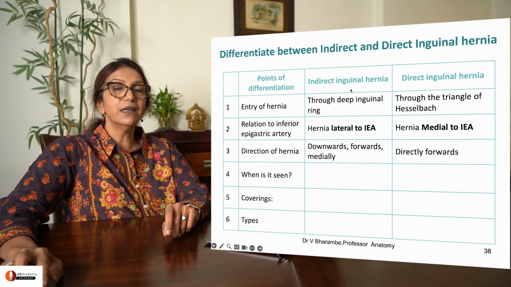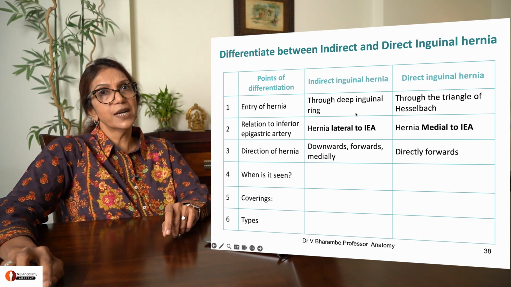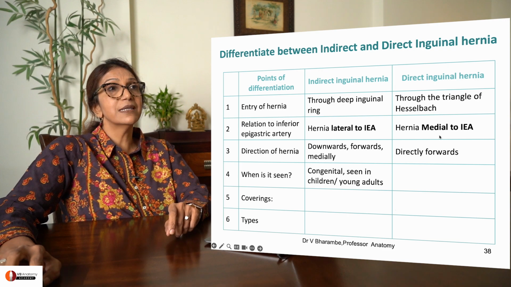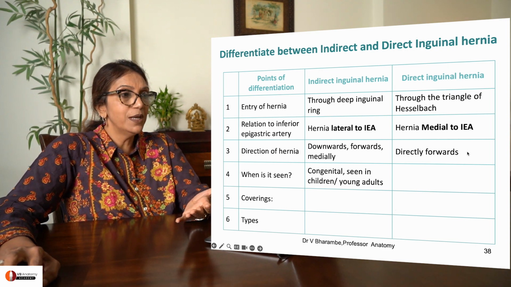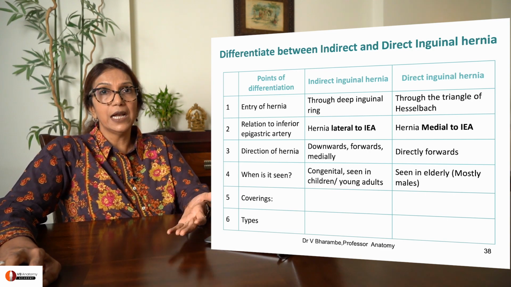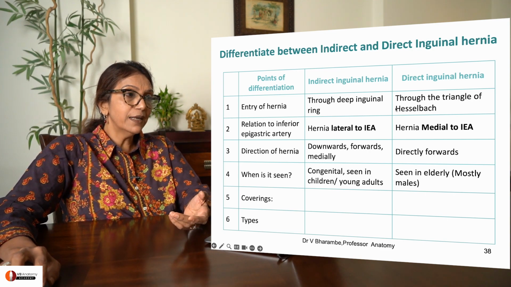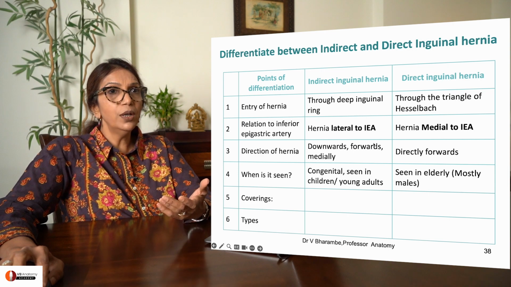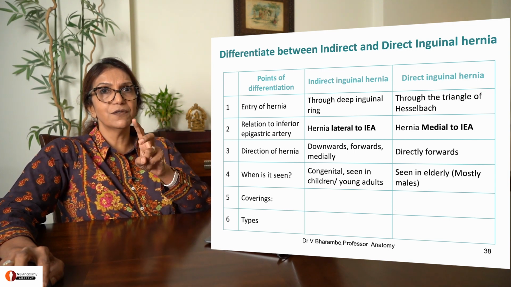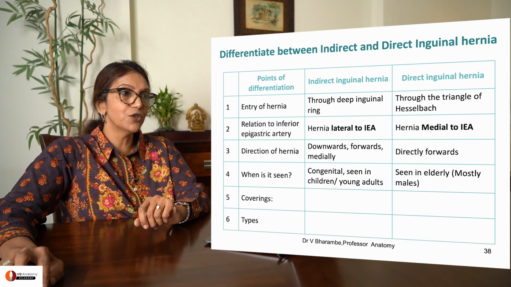When is indirect hernia seen? Since it's congenital, it's seen in children and young adults. Direct inguinal hernia, since it is due to weakness of abdominal musculature, is usually seen in elderly males. Indirect inguinal hernia has all the coverings: internal spermatic fascia, cremasteric fascia and external spermatic fascia.